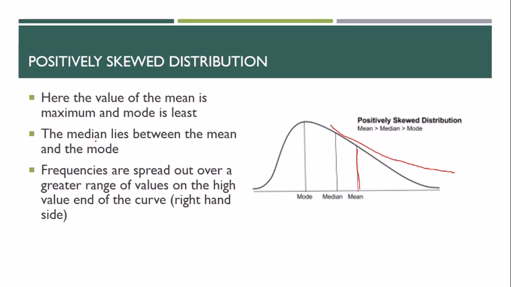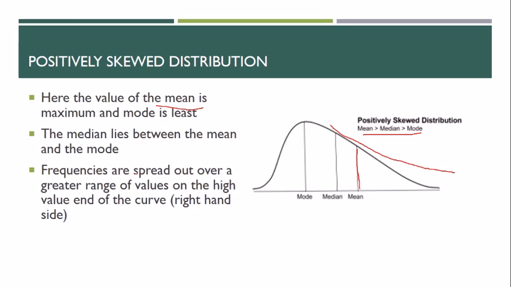So the median lies between the mode and the arithmetic mean, and the peculiarity of a positively skewed distribution is that the value of the mean is maximum and the mode will be the least, or you can write it as mean is greater than median greater than mode.